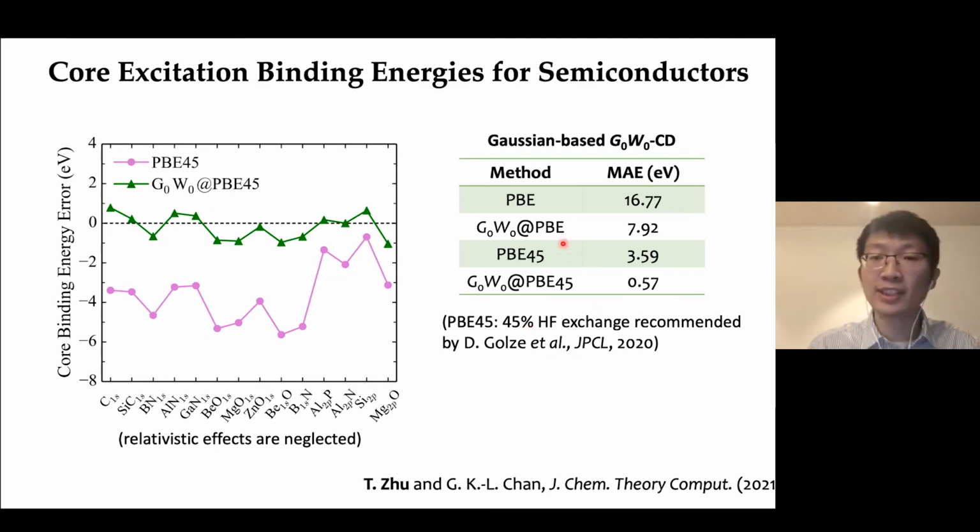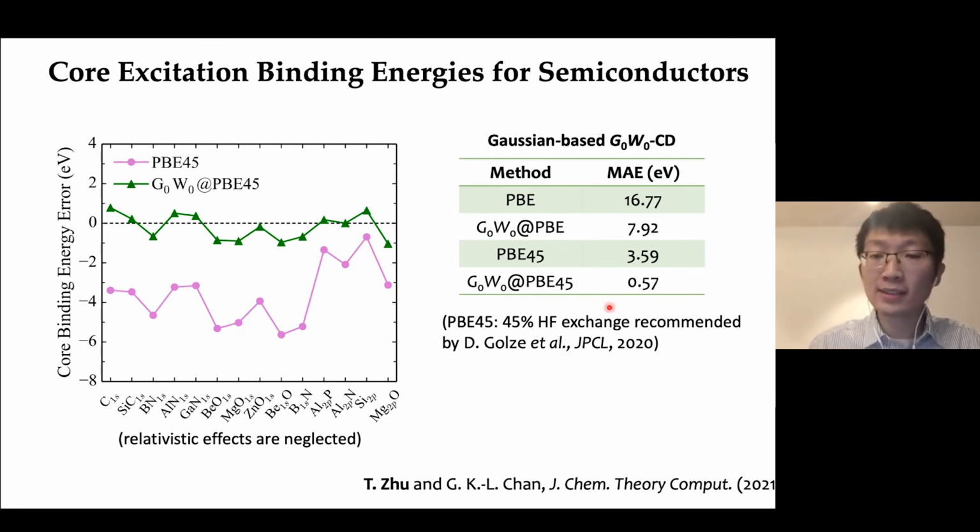And as you could see, by using our Gaussian-based GW method, the GW method indeed improves significantly compared to the underlying DFT method, shown in this table. And particularly when we start from PBE45, the GW method only has around 0.6 eV mean absolute error compared to experimental values.